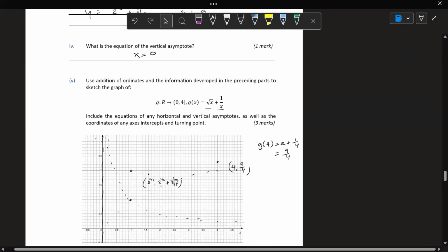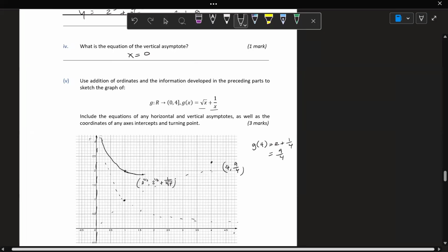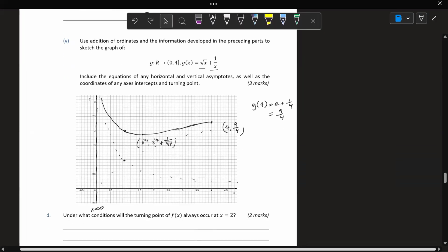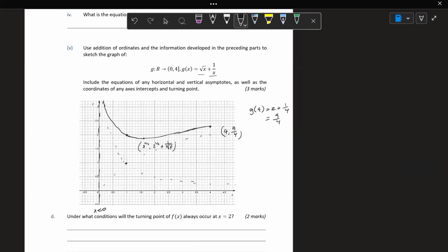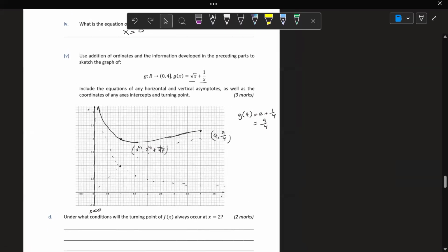So the graph just looks something like that. And that's it.